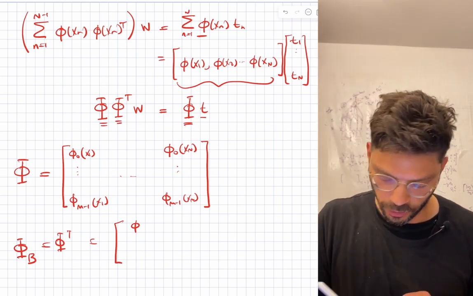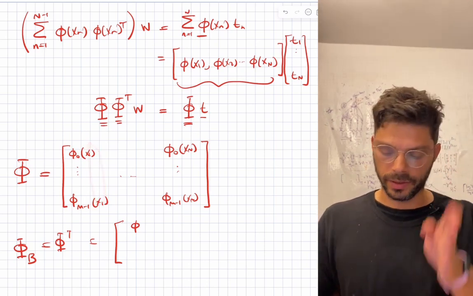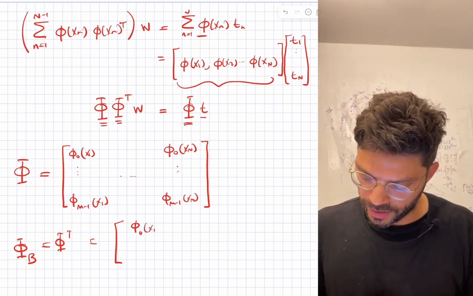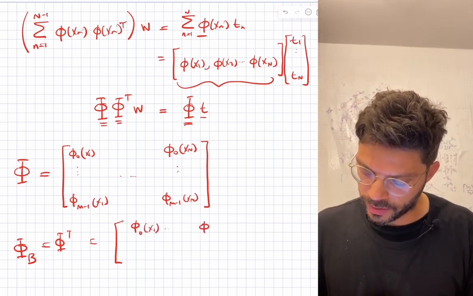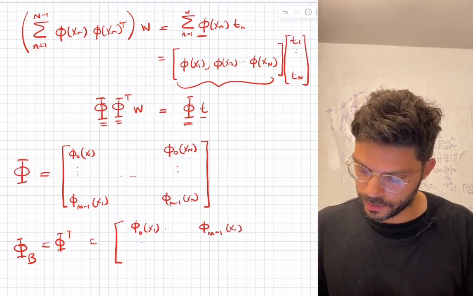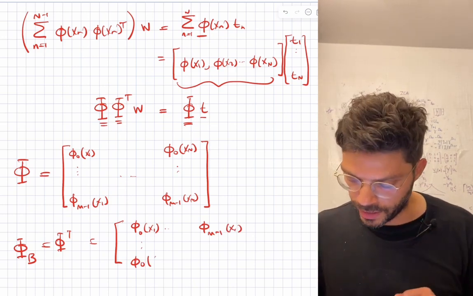Notice how we're going from phi 0 to phi m minus 1 on one data point along the column, so we're going to do it along the rows. So it's going to be phi 0 of x1 all the way to phi m minus 1 of x1, and then again it's phi, so it's always the same. Now the single features are along the columns, evaluated on each data point.